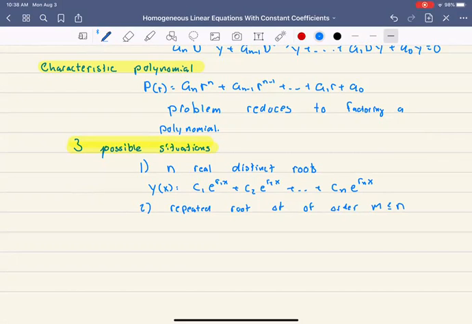If you have that, then y of x is going to be c1 e to the r1x. Let's pretend r1 is repeated in this world.